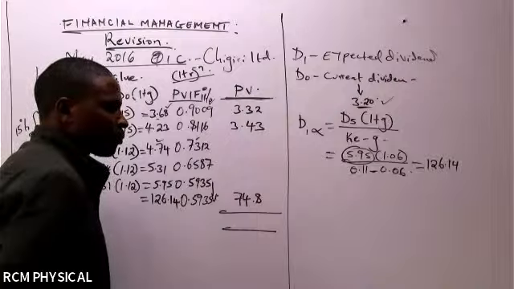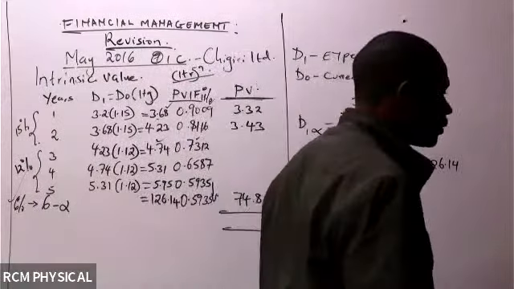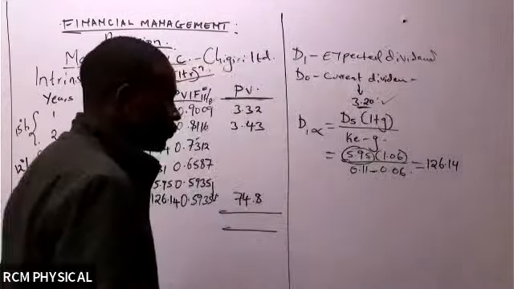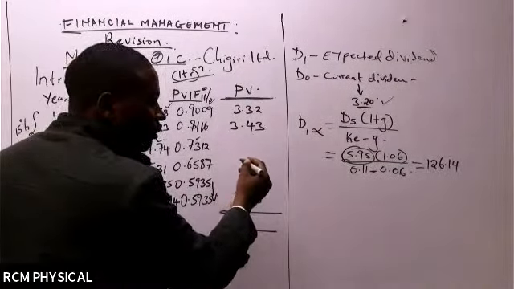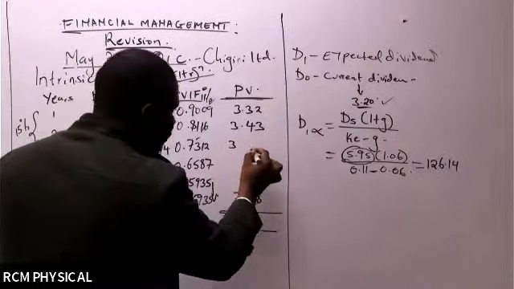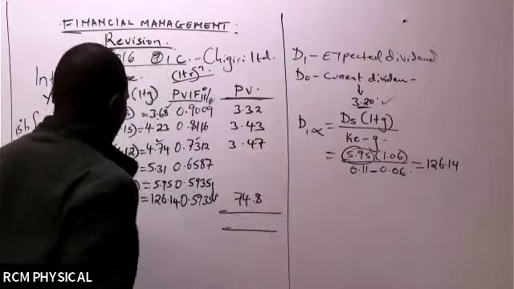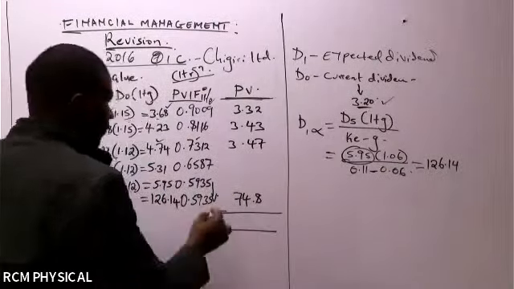It's very okay if the computer hangs. So give me this. 3.47. Then give me this. 3.47. We are almost there.